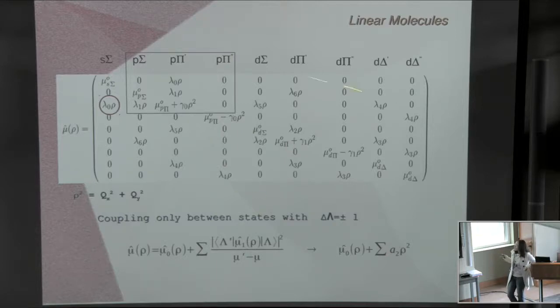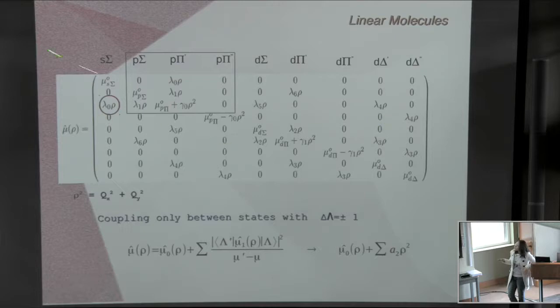We have a bigger matrix here, taking into account all these couplings, and the off-diagonal elements are the coupling schemes at first order approximation in Q. By symmetry considerations, they're supposed to be zero, because we are taking into account only first order in Q.